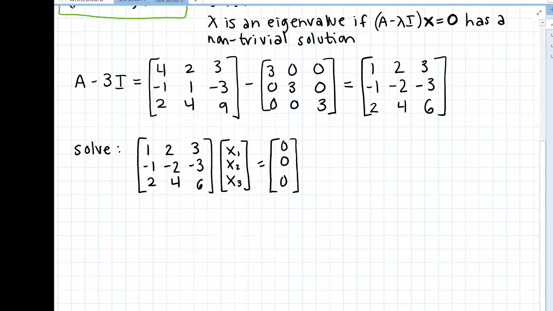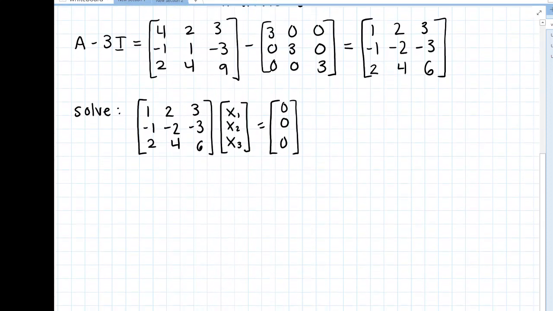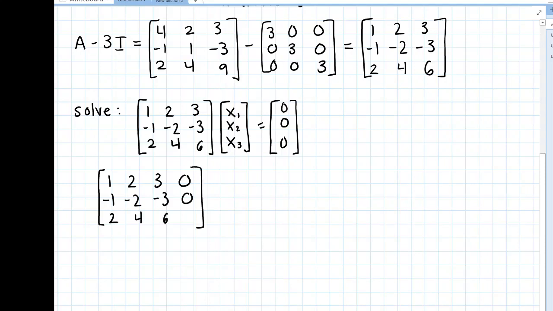In most of these cases, the easiest thing is to make an augmented matrix and see where that goes. In this case, you can probably see where it goes, but I'm going to write it all down anyway. What you probably notice here is that the second and third rows can both be expressed as multiples of the first row, right?